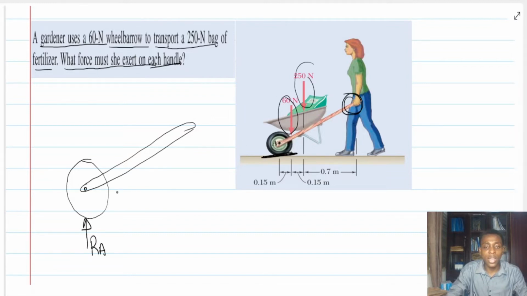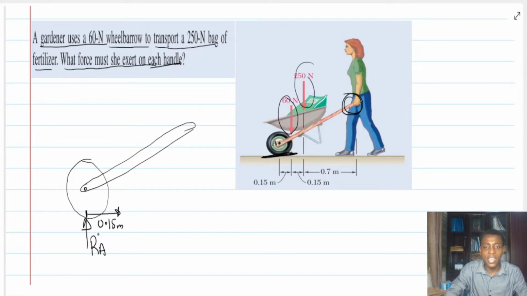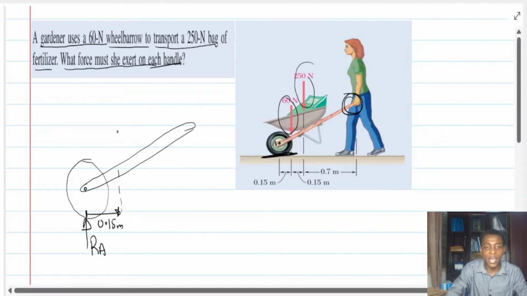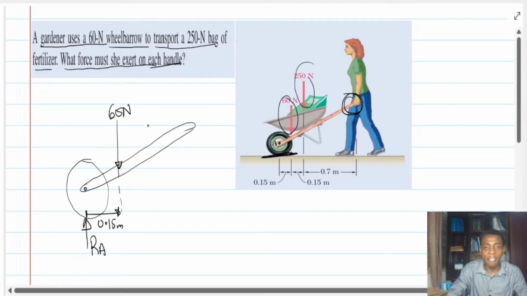There is a certain distance, which is 0.15 meters, all the way from here. And where the 0.15 is, there we have the 60 Newton force coming downwards. Then I have another 250 Newton force, and its line of action is at a distance of 0.15 again from the first one.